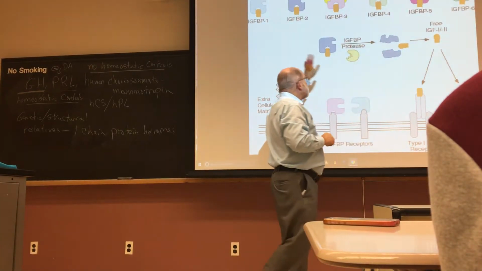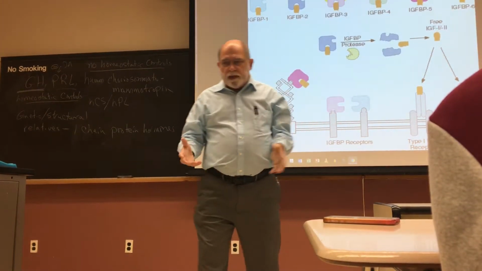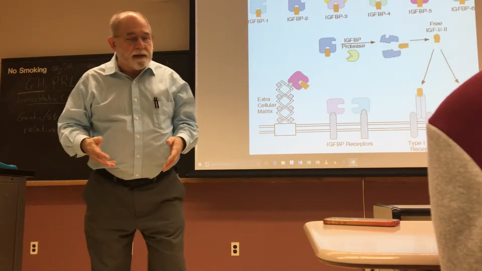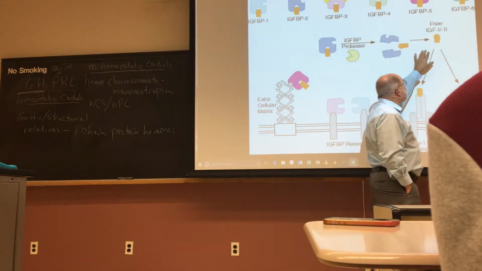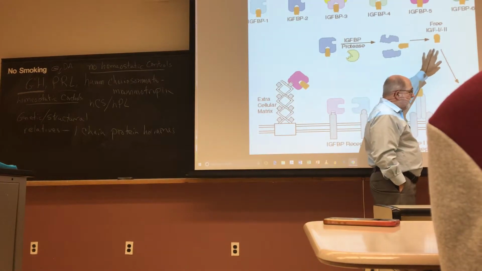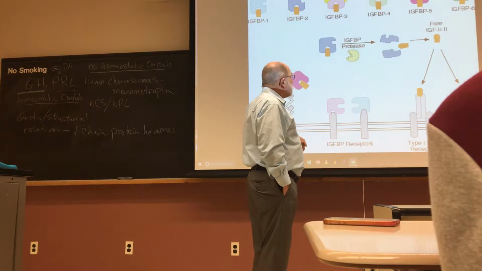So there's now a whole body of literature trying to describe when these are produced, in what quantities, to buffer the concentration of free, biologically available active hormone in any particular situation.